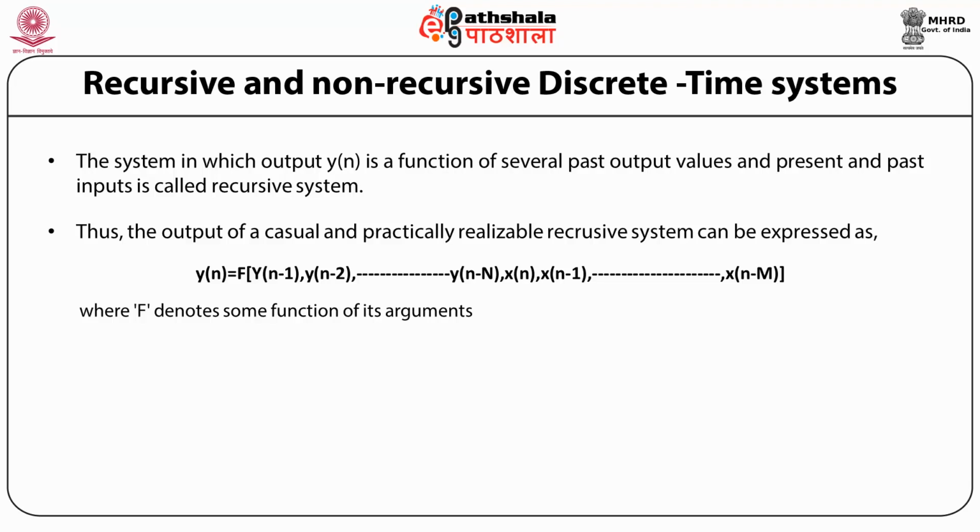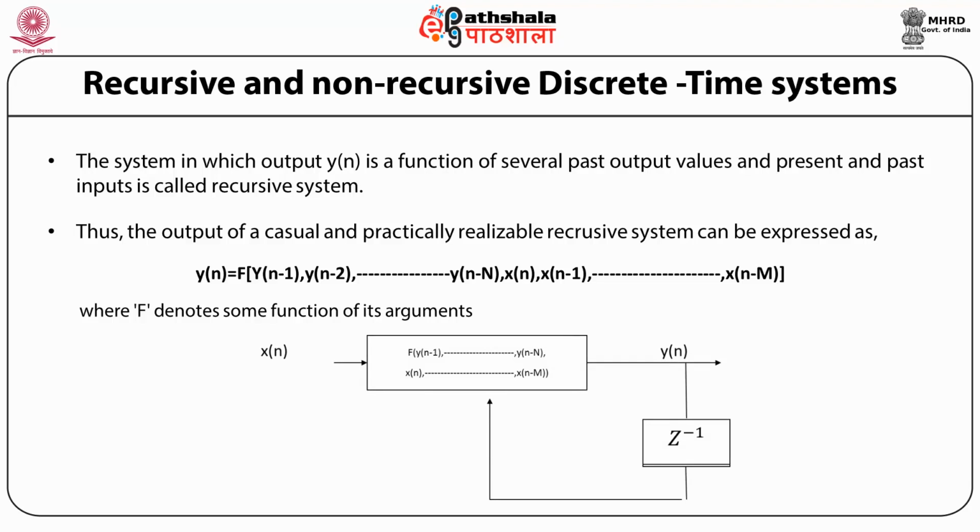Now we can represent this mathematically: x(n) is applied to the F operator and we get y(n), which is fed back through z to the power minus 1 to the F operator again.